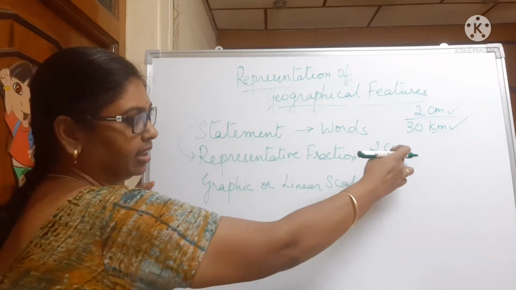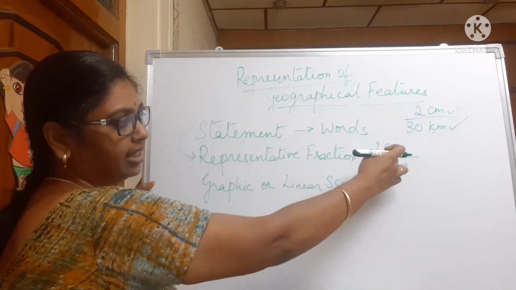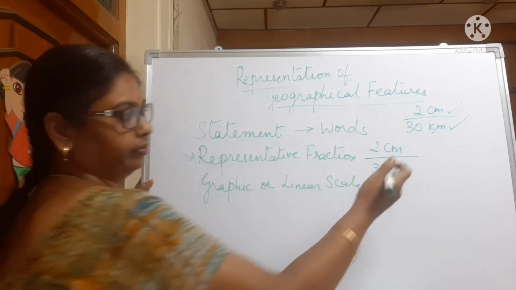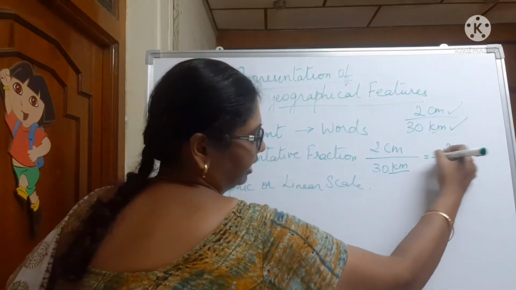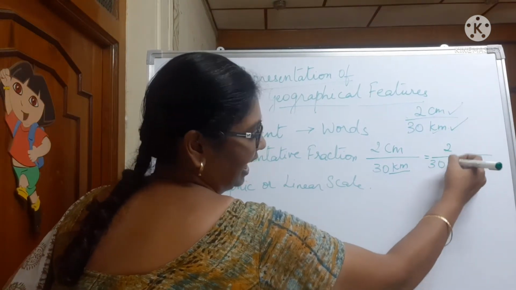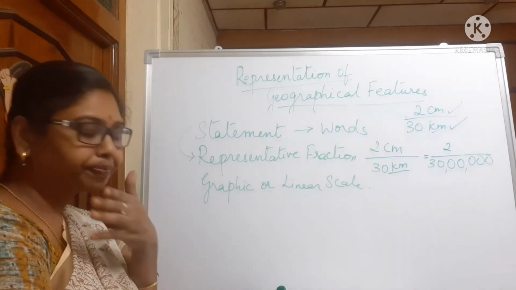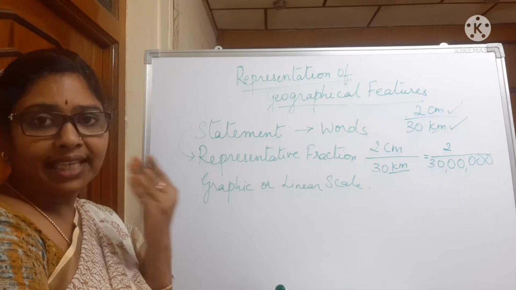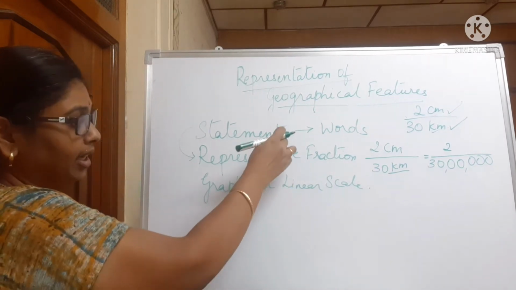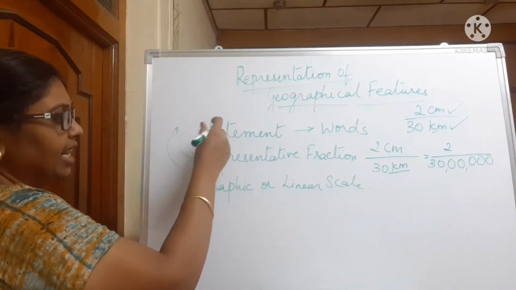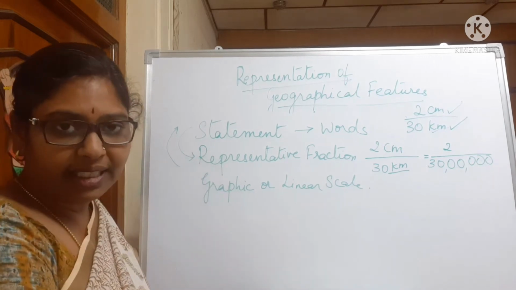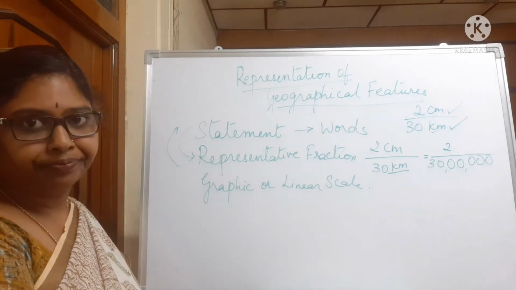So 1 kilometer is 1 lakh centimeter. So 2 by 30 lakh centimeter. Right? So this representative fraction can be changed into a statement, and a statement can be changed into a representative fraction.